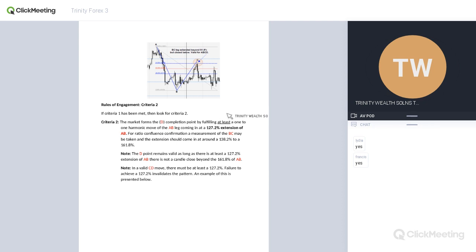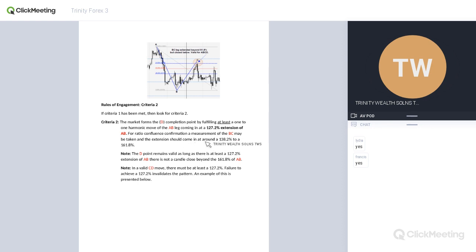Then our D somewhere here becomes valid, all right? So you see, the market forms the D completion point by fulfilling at least a 1:1 harmonic move of the AB leg, coming in at 127.2% extension of AB.